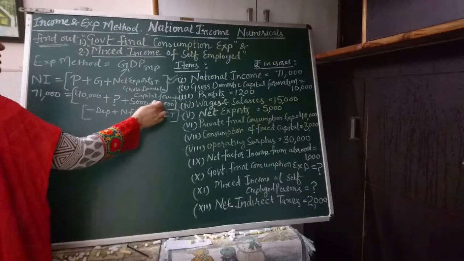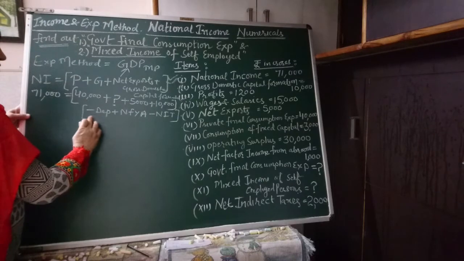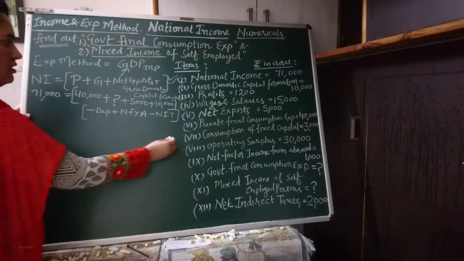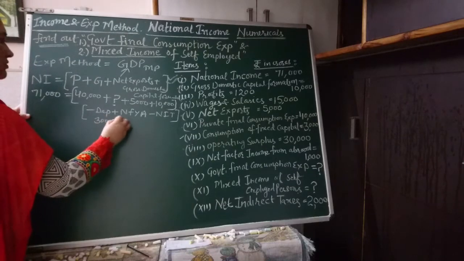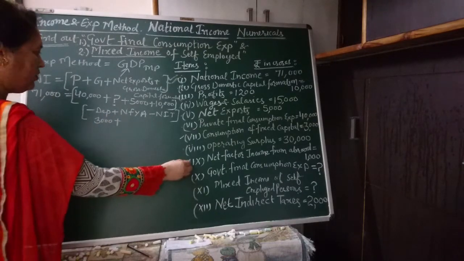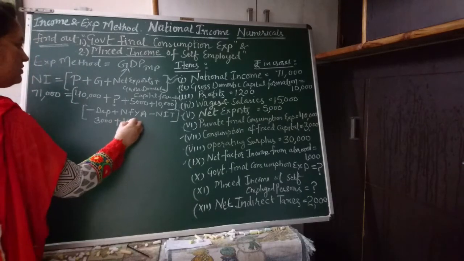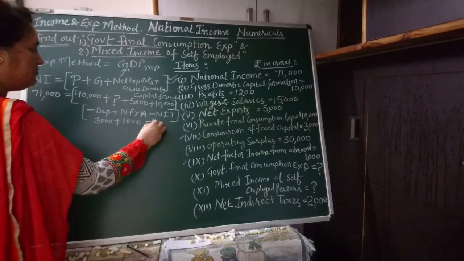So these components were related to GDP at MP. Now depreciation is given, consumption of fixed capital, which is 3,000 plus net factor income from abroad, which is 1,000 minus net indirect taxes, last item 2,000.